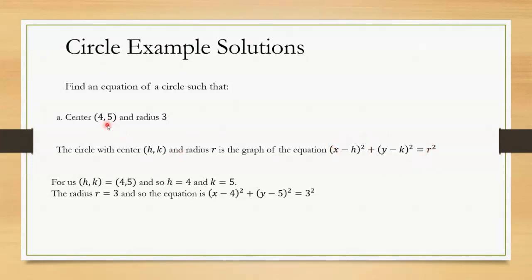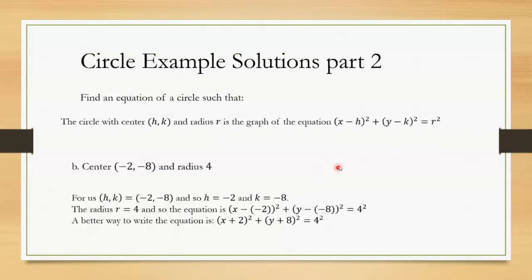So if you have the center in this case, which is 4, 5, and you want that to be the center, then your h is going to be 4, k is going to be 5. That's what I did here. This is the center. And it's equal to the radius squared, so 3 squared, because the radius is 3.